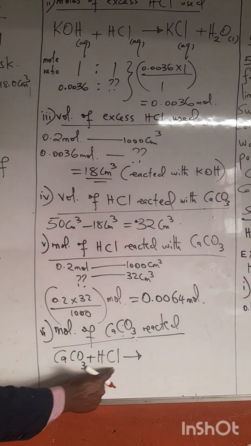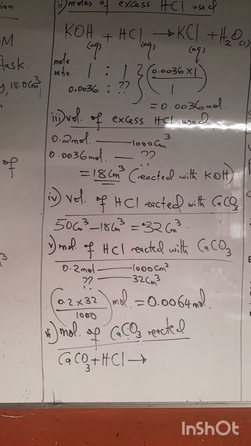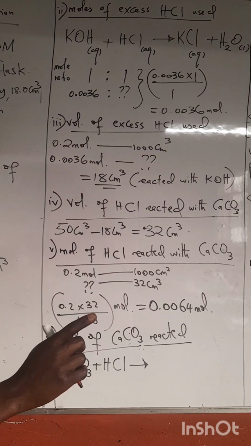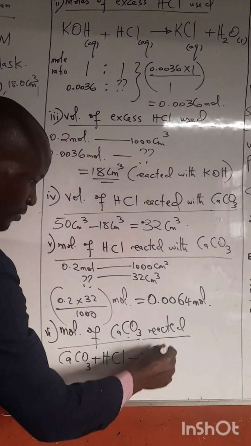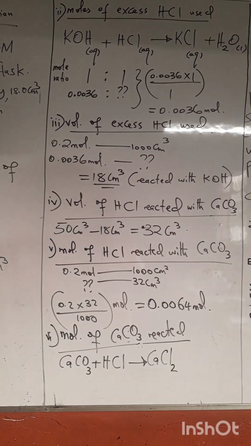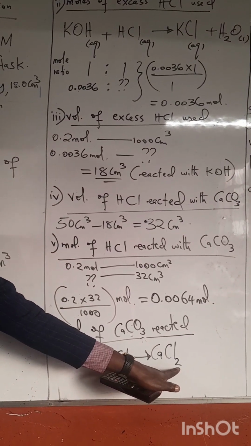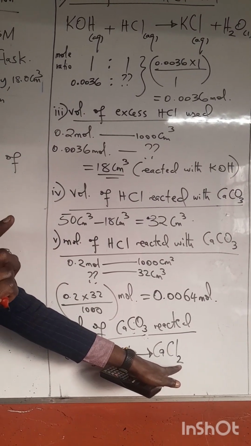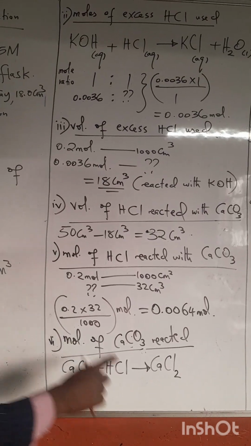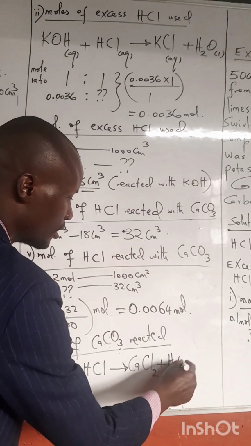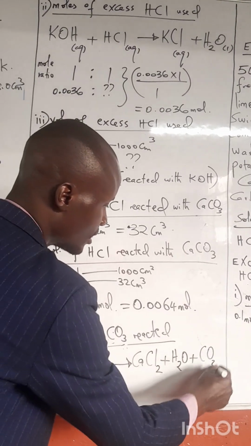What salt are we going to form here? Calcium chloride. And remember, calcium is divalent, so be careful with these formulas. Divalent means you put 2 here, because chlorine is group 7, meaning that it is monovalent. So when you interchange the charges, you get this formula. Then you have water and carbon dioxide gas.